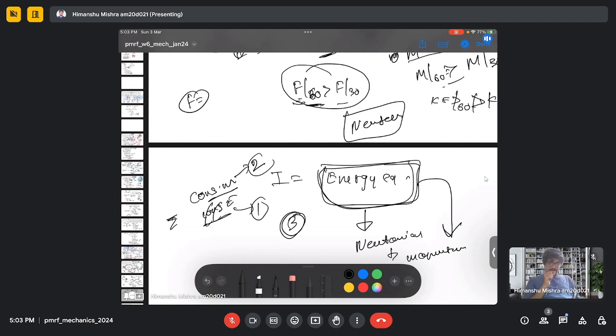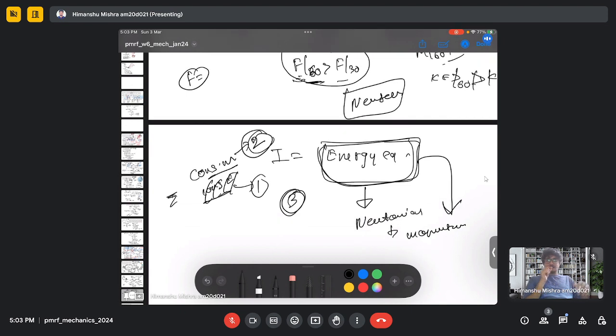If you don't consider this, then you can only solve two unknown quantities. So sometimes to solve for extra unknowns, you have to write down the conservation of energy, or you need to take the conservation of energy equation into account. So these are the two general reasons why people care about the conservation of energy.